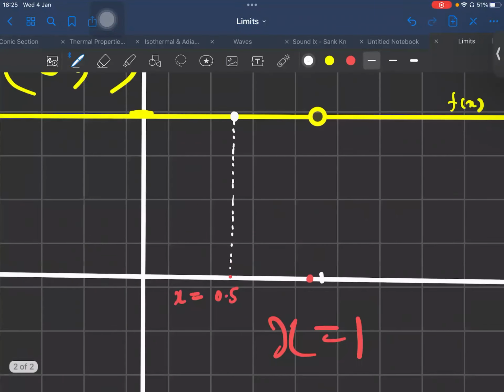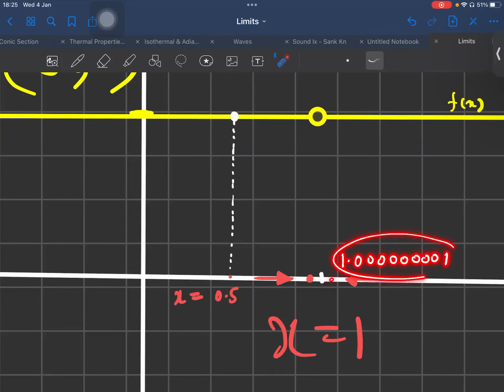So you see that the value of x is approaching towards this side. And similarly, in this direction, the number is always greater than 1, so it can be 1.0000000001.